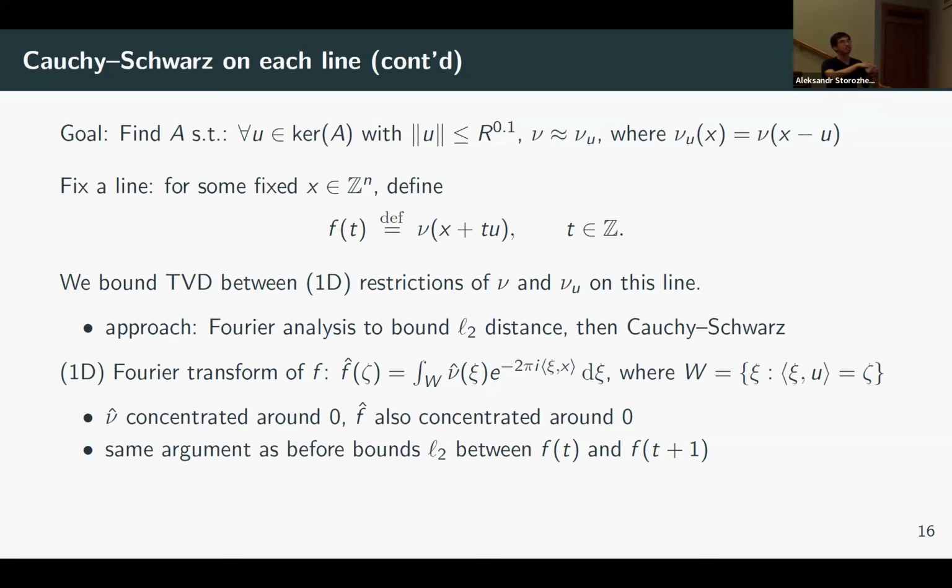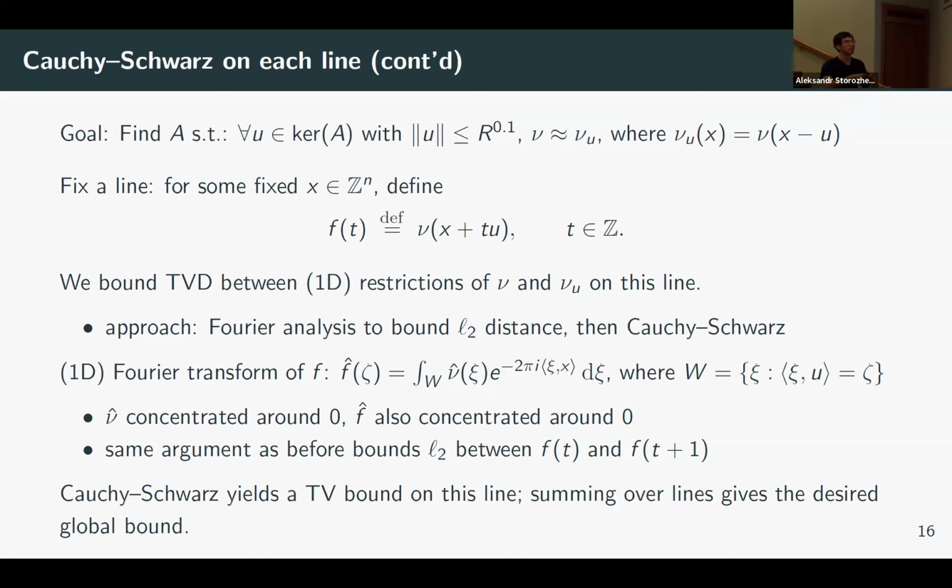Then we can apply the same argument as before: if we shift f in this 1D direction, there's an L2 distance bound between f_t and f_{t+1}. Then applying Cauchy-Schwarz on this 1D restriction gives us a good TVD bound. Then we sum over all possible lines the TV distance between the distributions on these different restrictions.